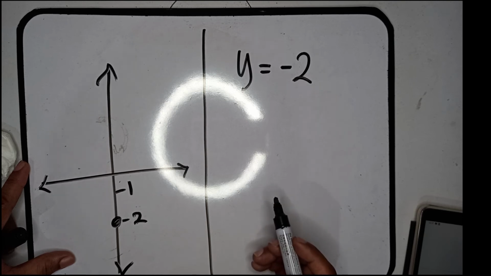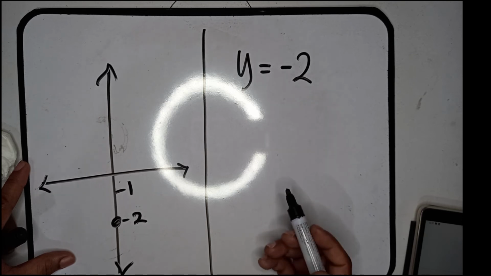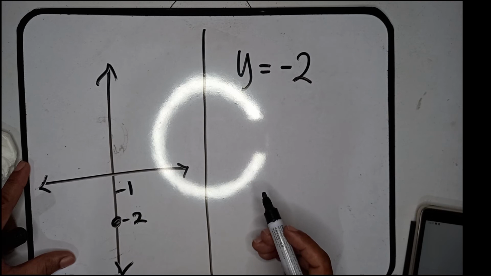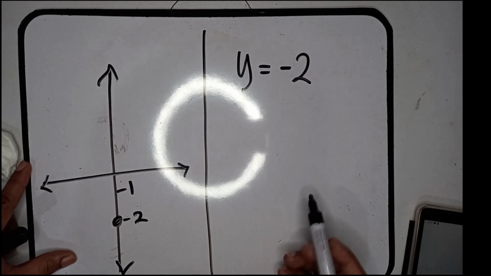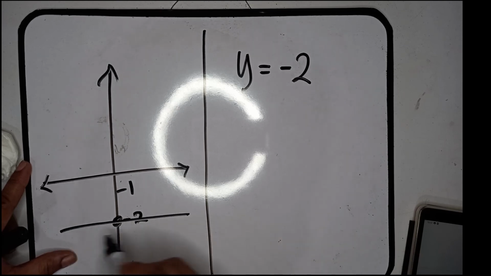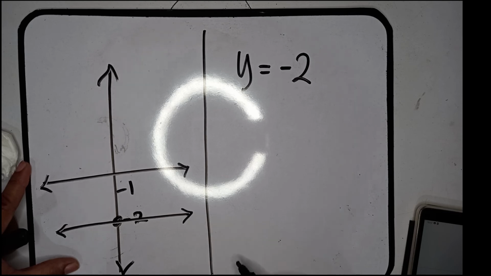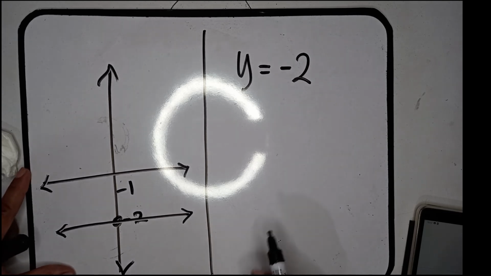How about the x? Where should we place the x? It doesn't matter. We don't care about the x. Given this equation that y is -2, we don't care about the value of x. So our line goes like this. That's how we plot this equation.